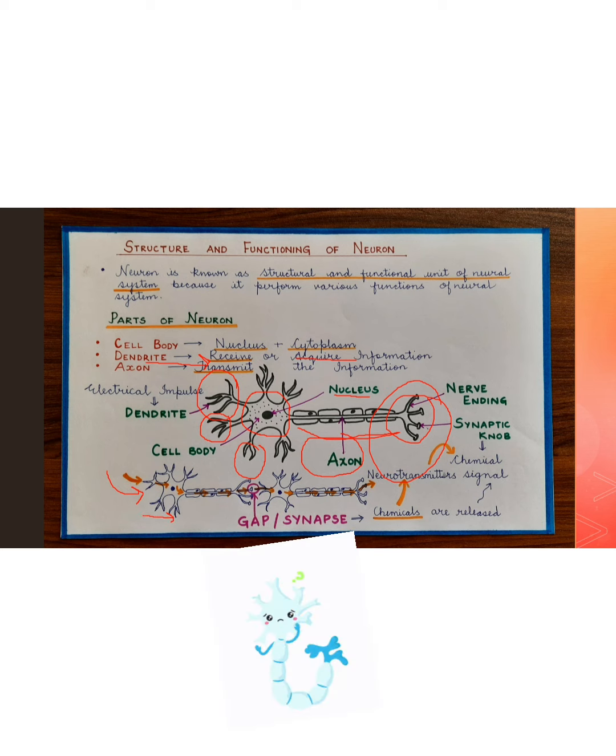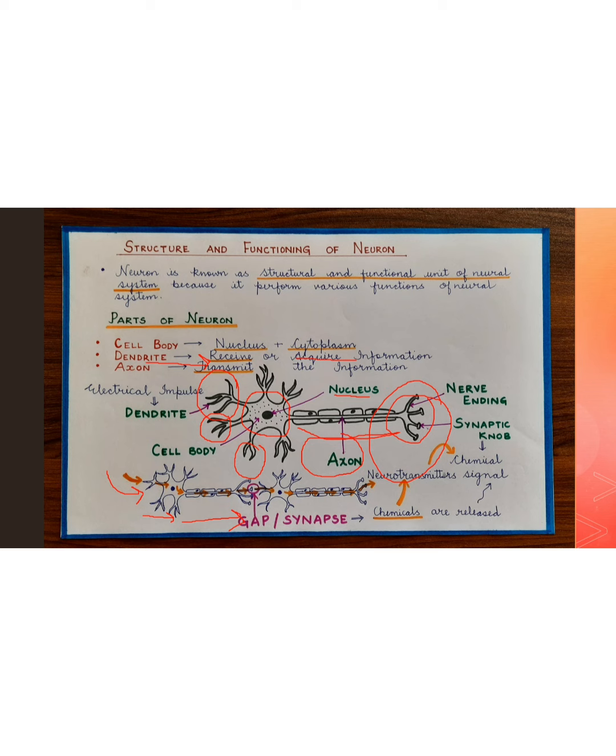So this is how the process takes place: your dendrites receive the stimulus, then give it to your cell body where the nucleus interprets it, and then it moves to the axon, and the axon gives it to the nerve ending. Then from there it goes to the next neuron. This is how the transmission occurs, and it reaches the brain, and then from the brain it comes back and responds with other actions.